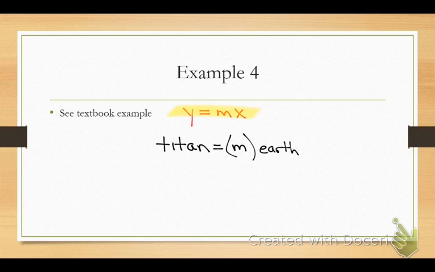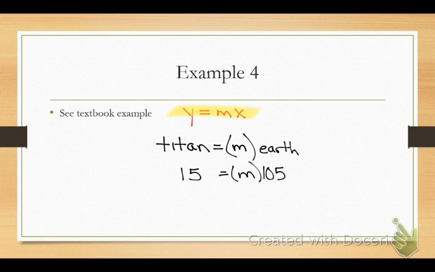Okay? So now we're going to plug in values. 105 was which value? Earth or Titan? Earth. So that's why I plug in 105 for Earth, times m, equals, what is the weight on Titan? If it's 105 on Earth, what's the weight on Titan? 15, okay? This is all information the problem gives us.